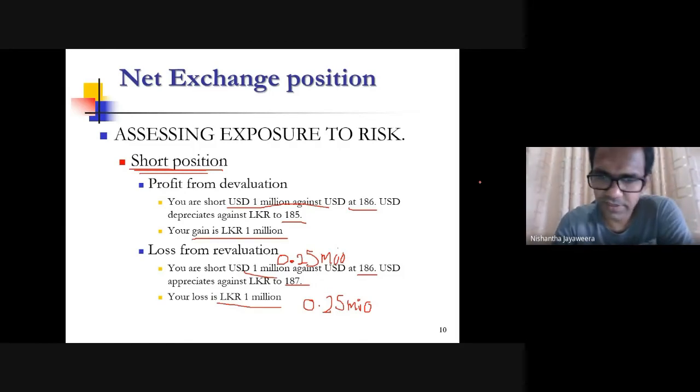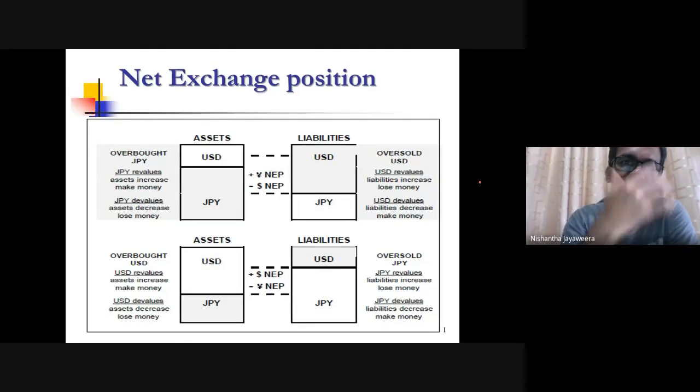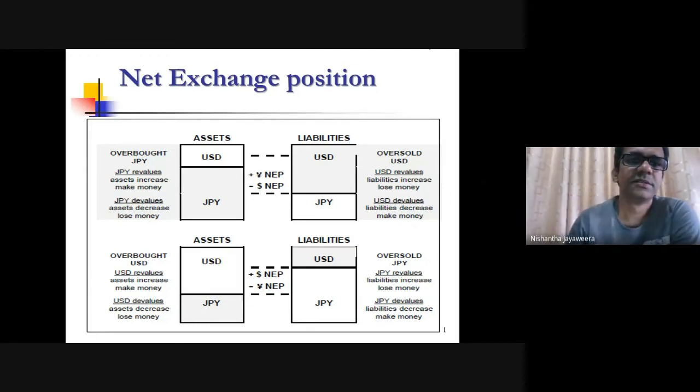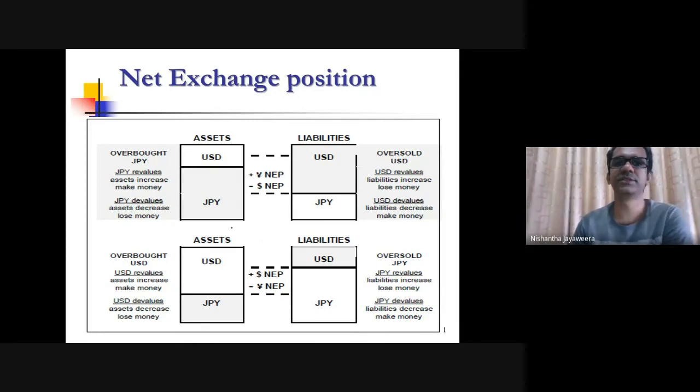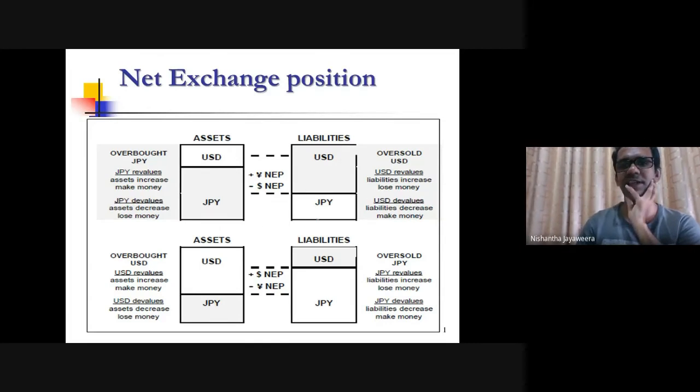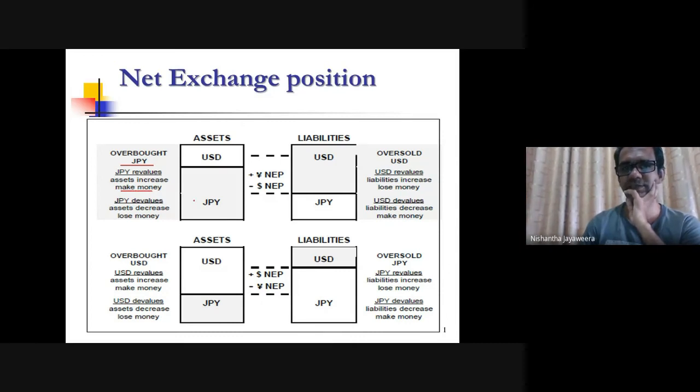If you don't have any questions, I'll move forward, and this is the summary of it. In this balance sheet, you can see more yen assets than yen liabilities. So in terms of yen, you have an overbought position. If JPY revalues, you make money. If yen devalues, that means yen depreciates, you lose money.